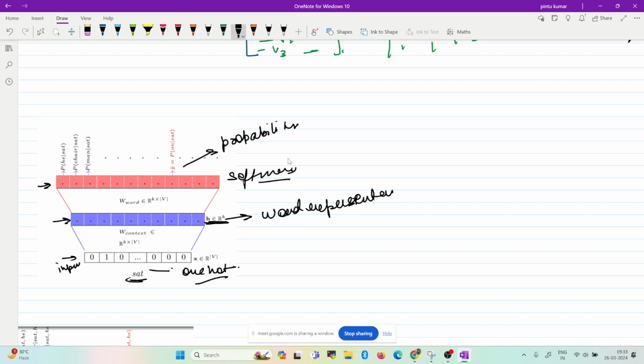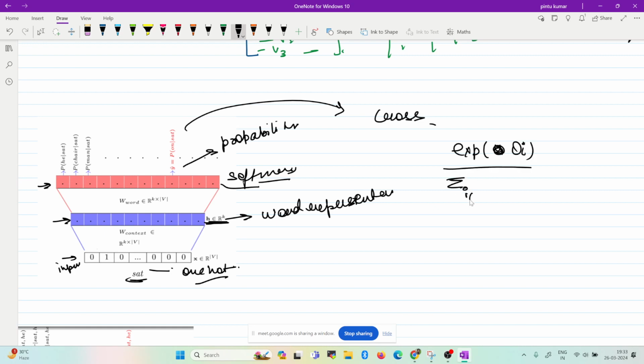And the loss function that you're going to use over here is cross entropy. Because of the softmax, you get terms like exponential of O_i divided by the summation over j belonging to V of exponential of O_j. This O_i or O_j would look something like U_C dot V_W.